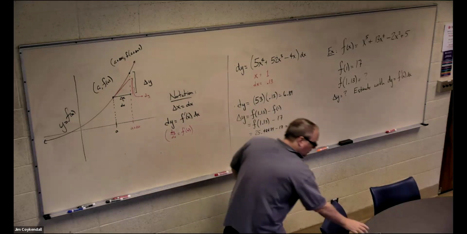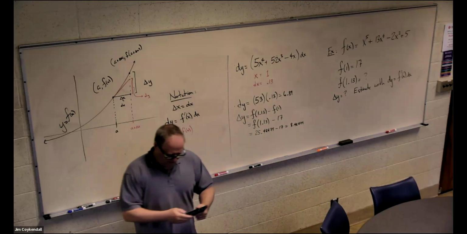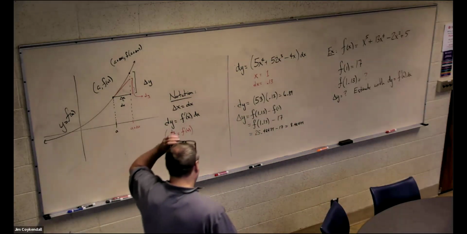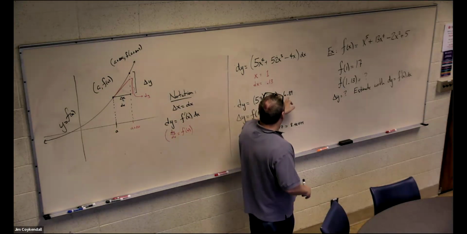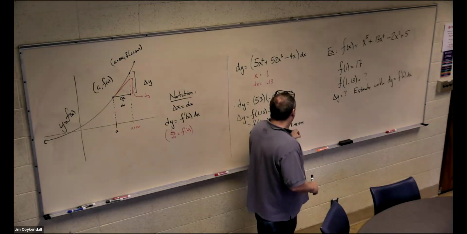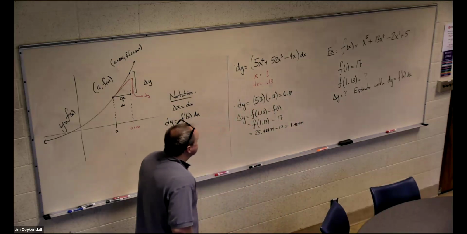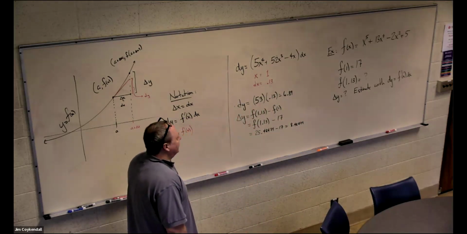So whether or not this is a good estimate is a matter of opinion, I guess. It estimated that we jumped by this much. We actually jumped by this. I'm not surprised that it's a little off.